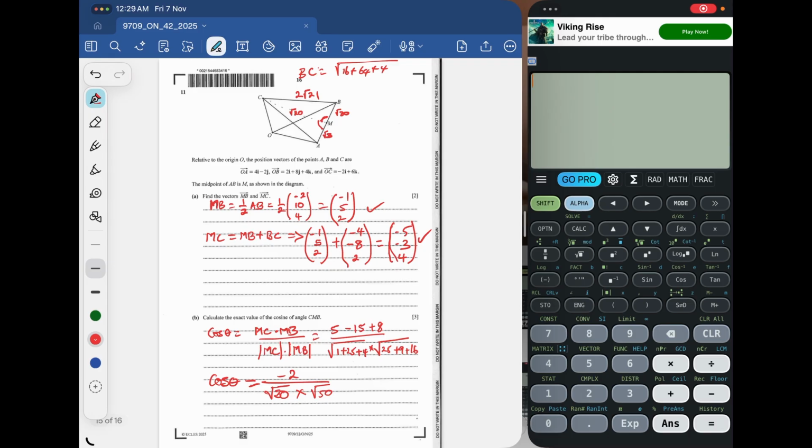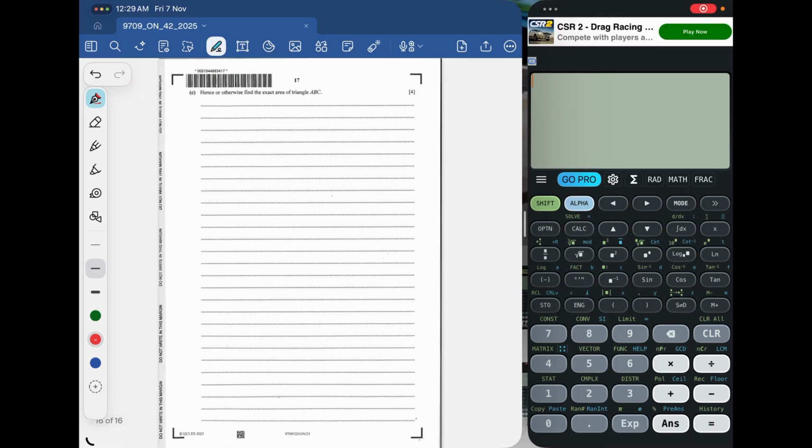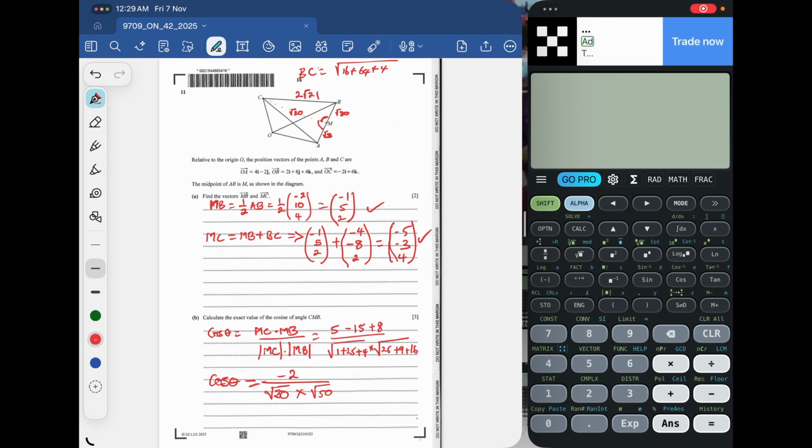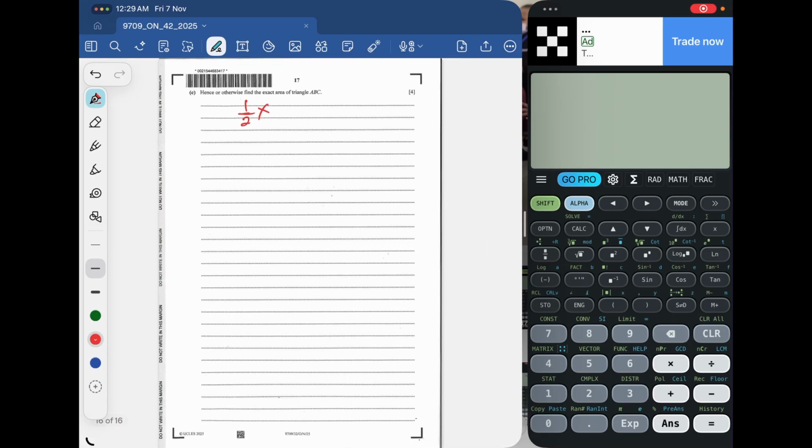So I'm just doing 1 over 2 times CM times MB sine theta.